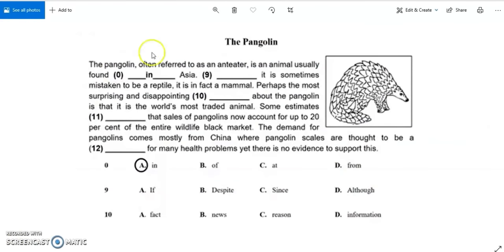Now let's have a look at some part of the question, the first part of the text which I have cropped out, and also with questions number 9 and 10. Now we try to do questions 9 and 10 on your own. I give you about 1 minute.